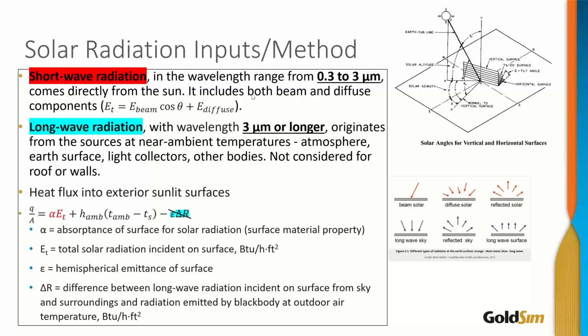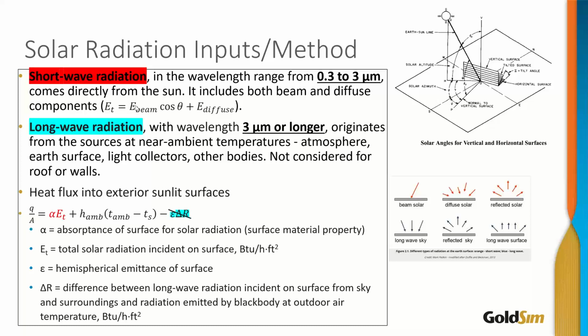So the radiation we can think of in terms of the shortwave radiation, which comes directly from the sun, which has a wavelength of 0.3 to 3 micrometers, and has two components. It basically has the beam component and the diffuse component.